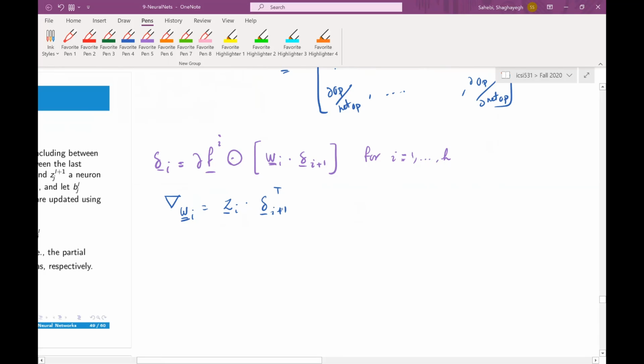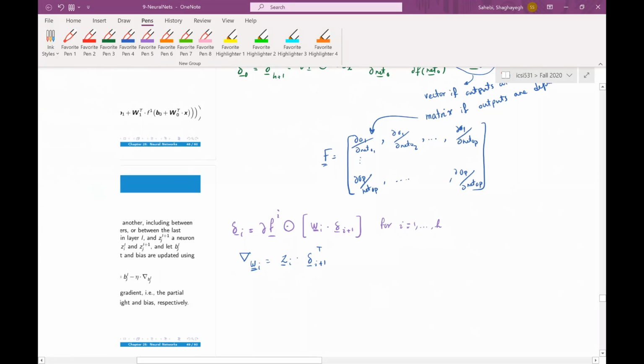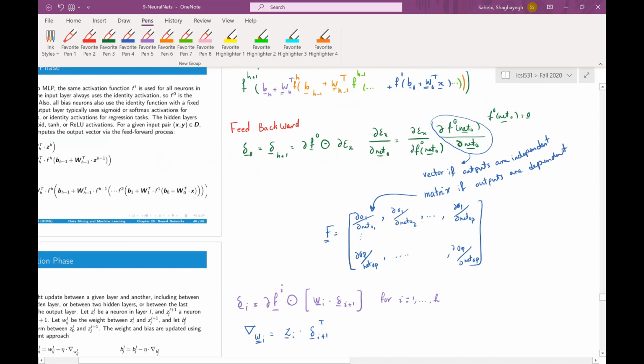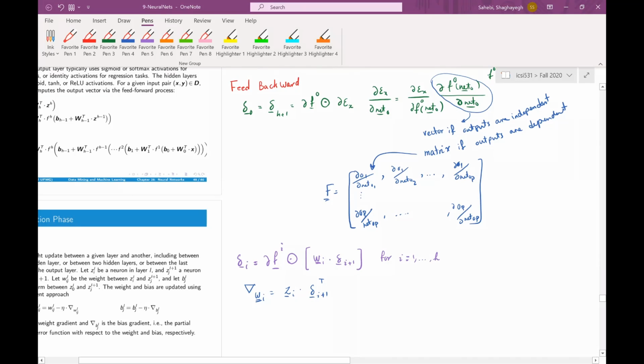This is also very similar to what we had in the single layer MLP. This is what you need to know for learning the W's.